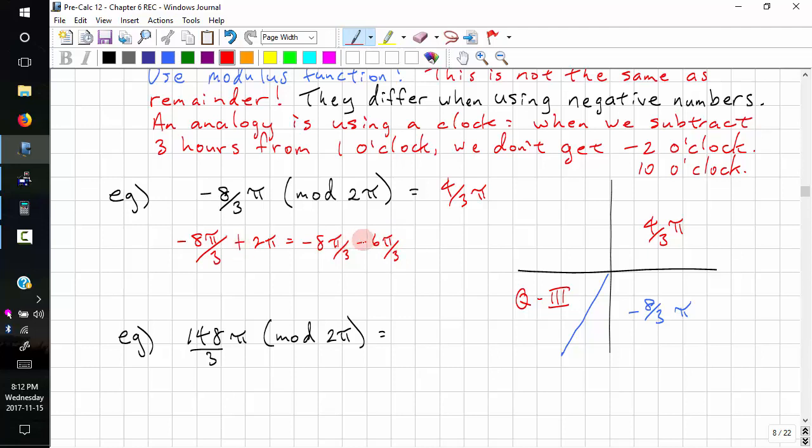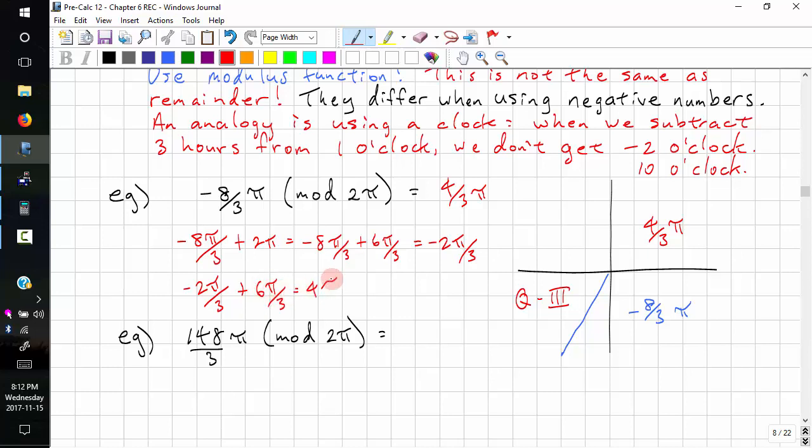Sorry, this should be plus. We're in the negatives. We want to add. And then we get minus 2 pi over 3. It's still not a principal angle, so we have to go minus 2 pi over 3 plus another 6 pi over 3.